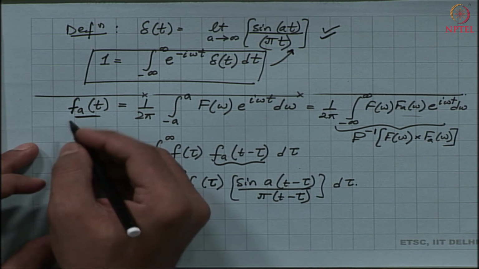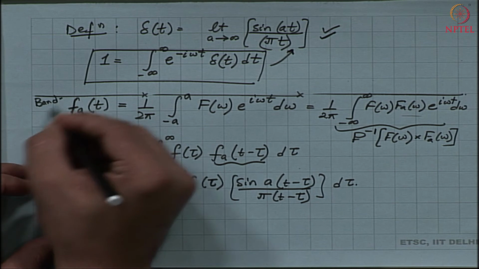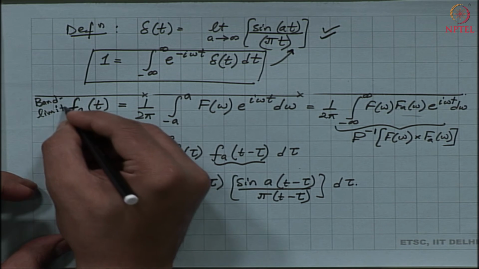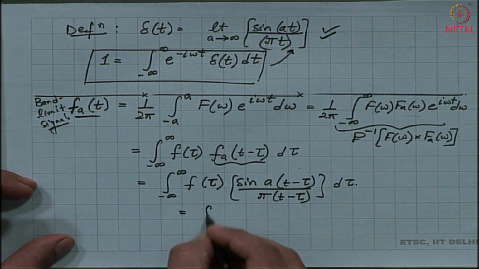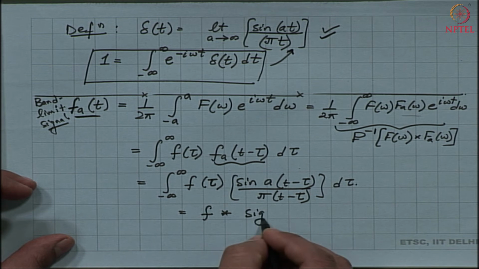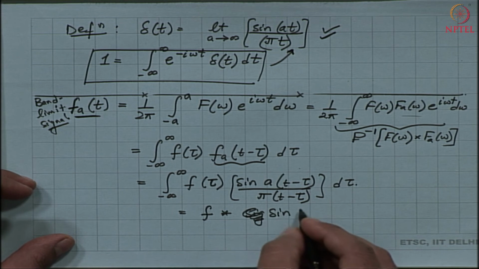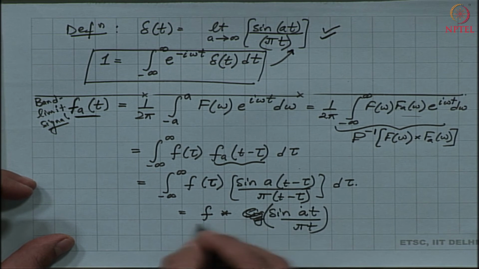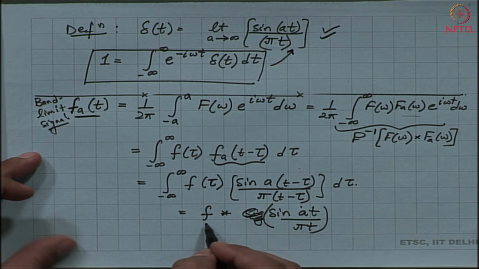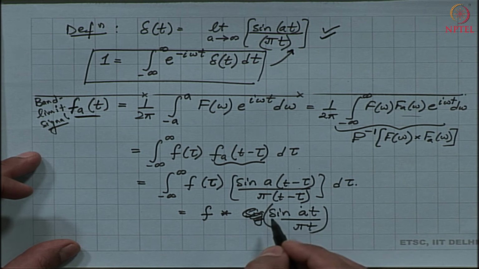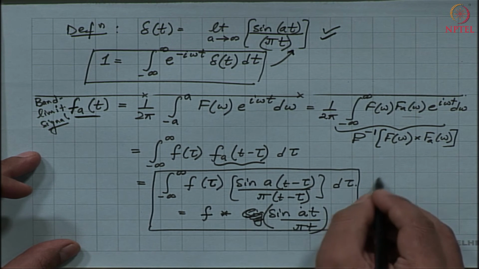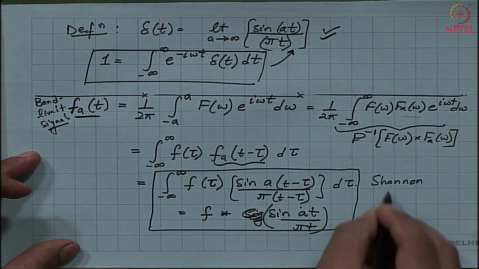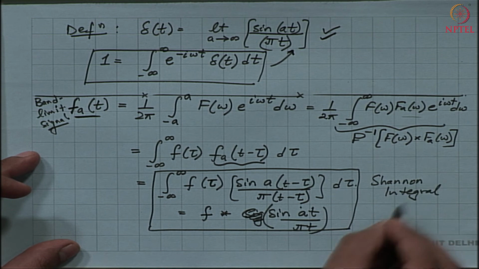So, what I have done is I have represented the band limited signal as the convolution of your original signal with sin a t by pi t. So, my band limited signal is a convolution of your original signal with this factor. I call this representation my Shannon integral representation.